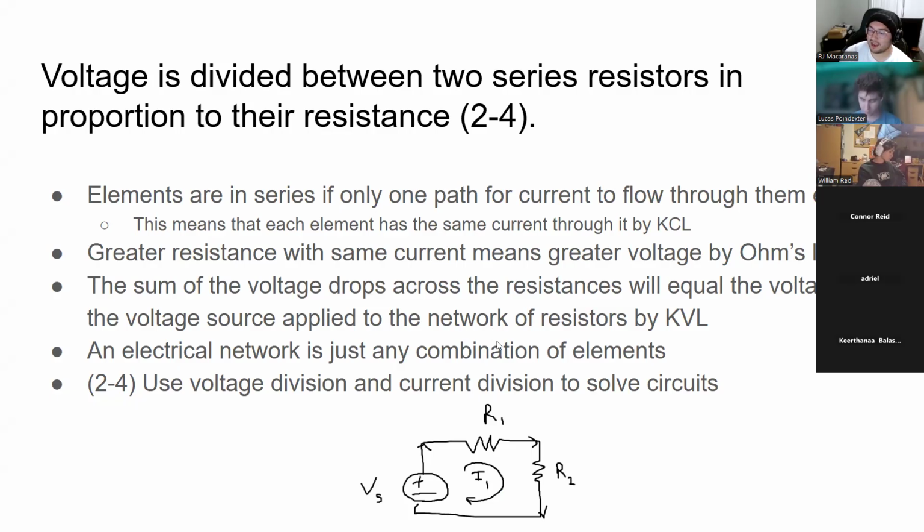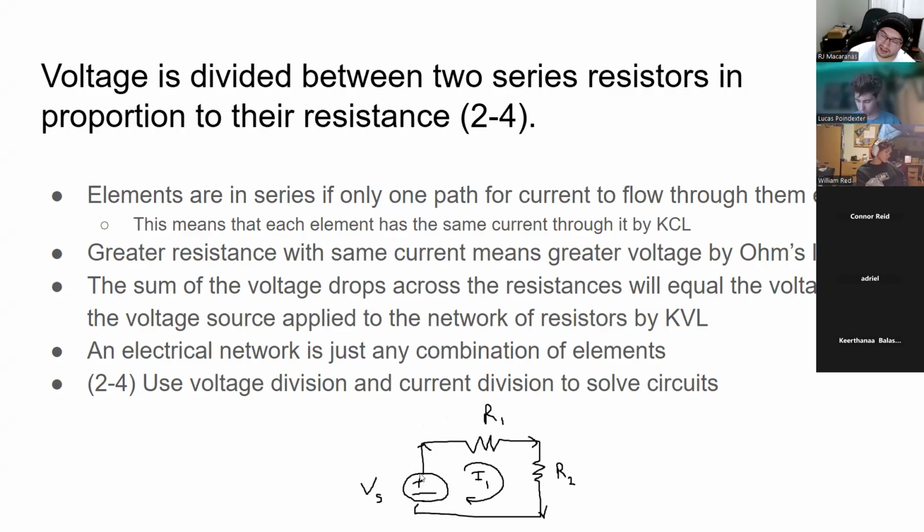We looked at that very loosely in some of our projects last quarter, but it comes up again and again as you proceed through your career. It's all over the place. These voltage dividers are very important circuits. Basically, more resistance means greater voltage drop, and the voltages have to sum to the source, right?